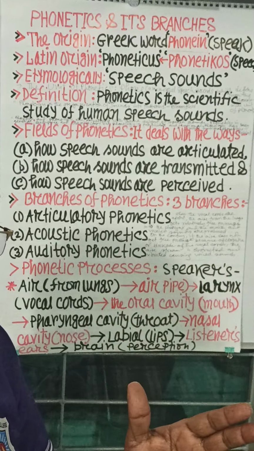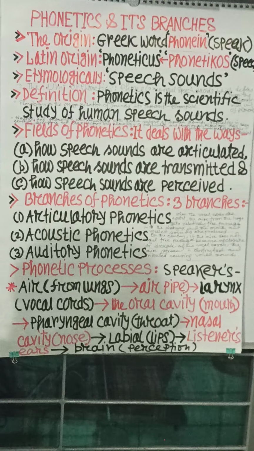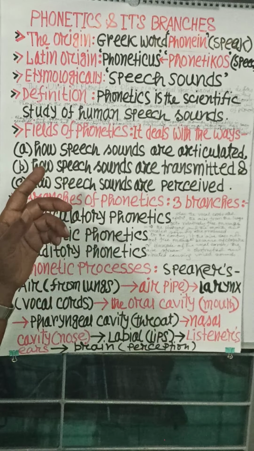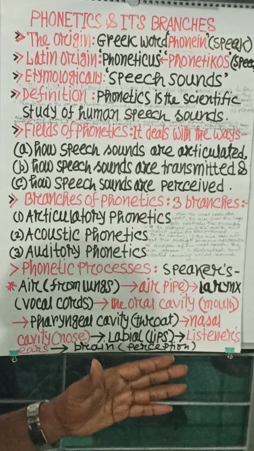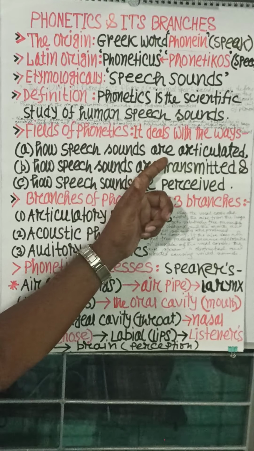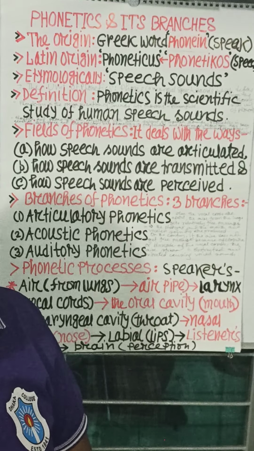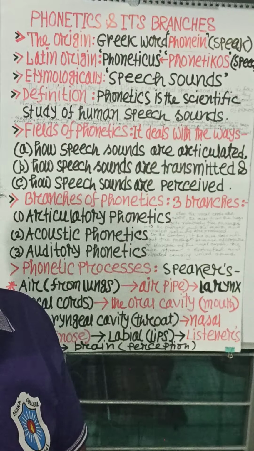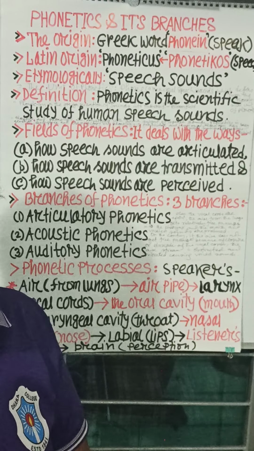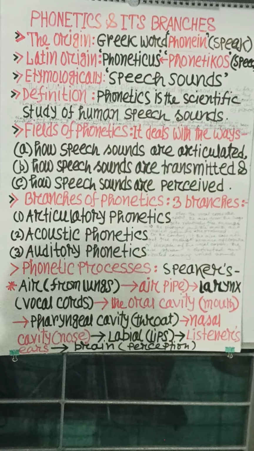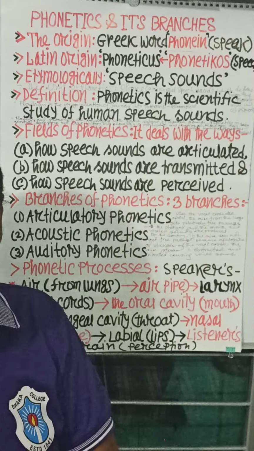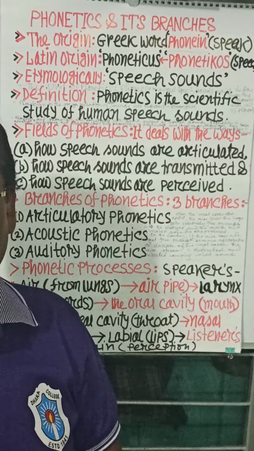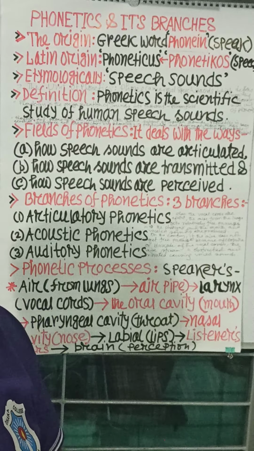And what are the fields of phonetics? Phonetics deals with the ways how speech sounds are articulated through different speech organs. Then the produced speech sounds are transmitted from the speaker to the listener.